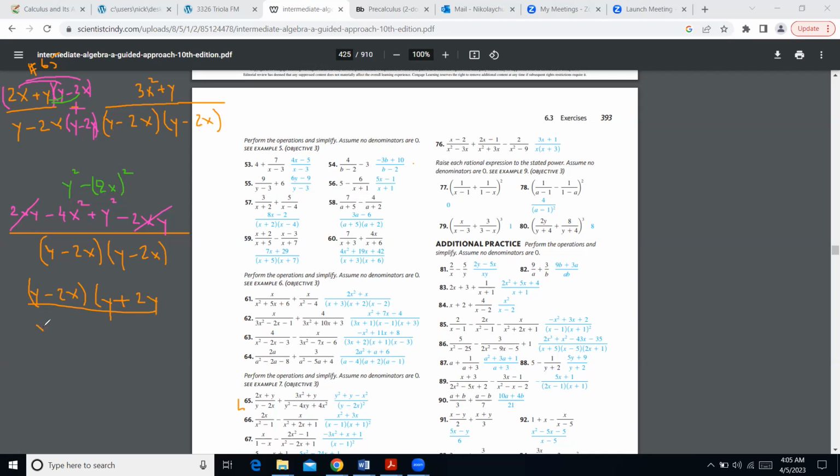It's also y minus 2x. So I should go ahead and cancel that y minus 2x, and this will give me the answer, which is whatever's left over, y plus 2x divided by y minus 2x. I need to write x a little bit more carefully.